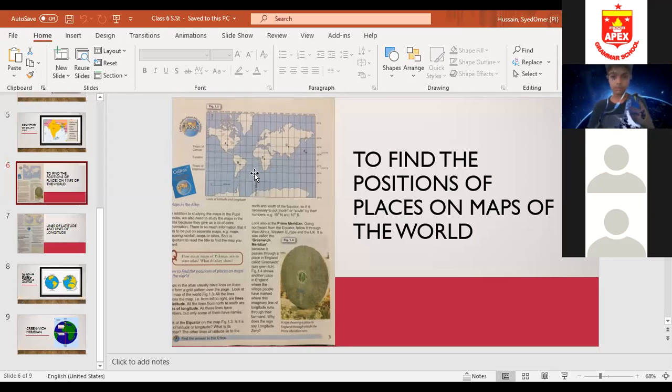Because it is running along the line which is meeting at 0° longitude. That is why the sign says longitude 0.